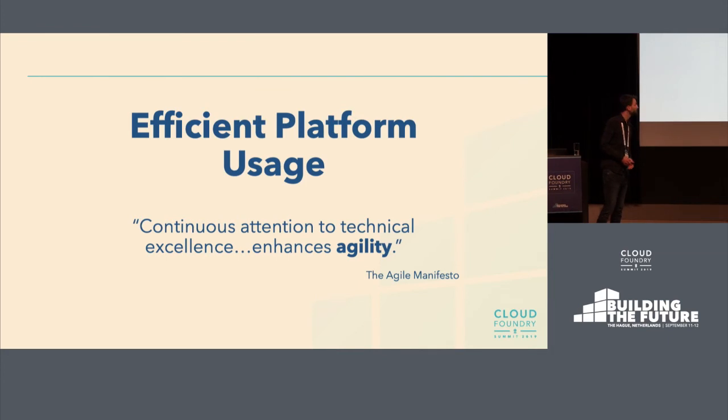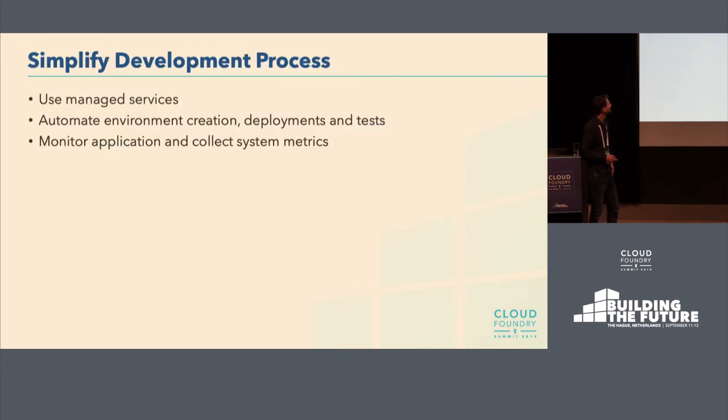So what does this mean? Let's have a look at simplifying the development process. First of all, if your team is still hosting and operating its own instances for keeping your development team alive, like logging or whatever you need, have a look at the services provided by Cloud Foundry on whatever cloud you are.